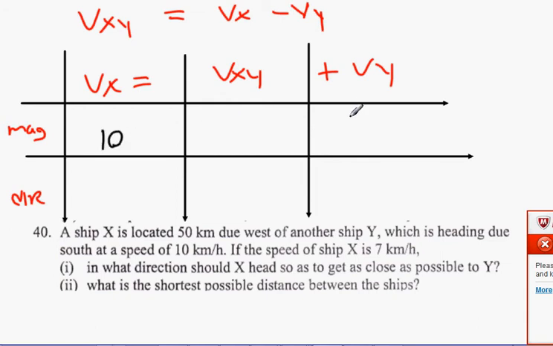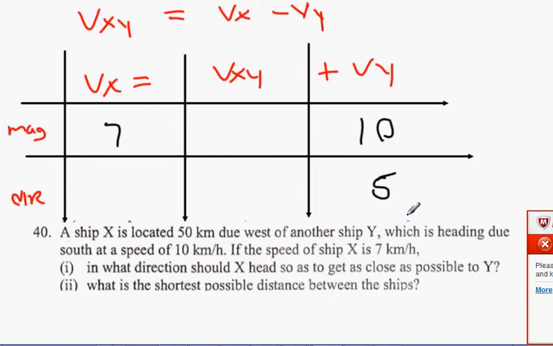What is the magnitude of Y? Oh, sorry. 7 and 10. I got them mixed up, didn't I? 7 and 10. What way is v_Y going? Is that everything I have? Okay, that's everything I got.